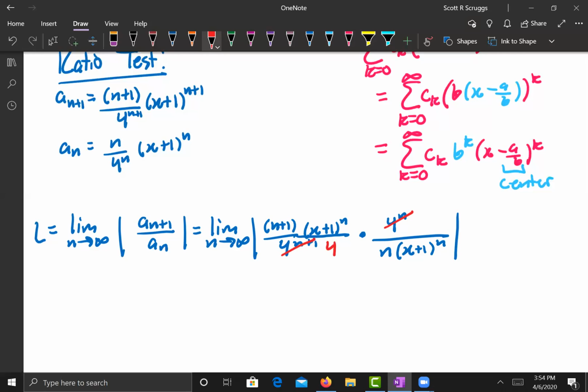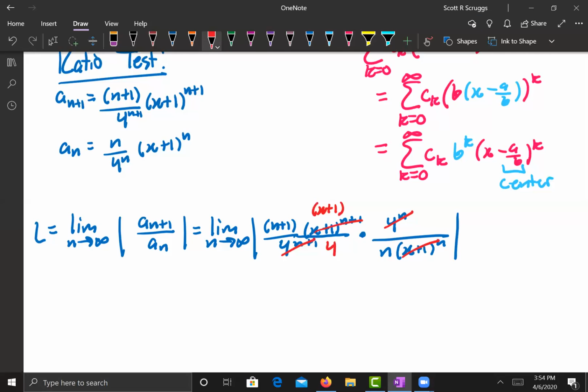Oh, let's make sure I have an n plus 1 there. I have an x plus 1 raised to the nth power. I have an x plus 1 raised to the n plus 1 power. So that will just simplify down to the x plus 1.